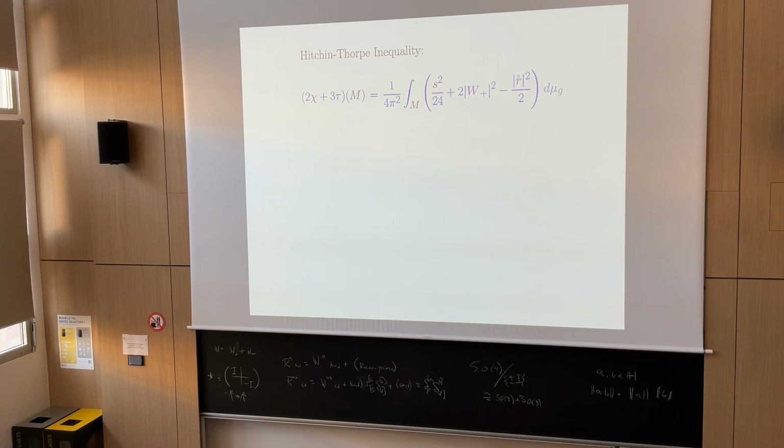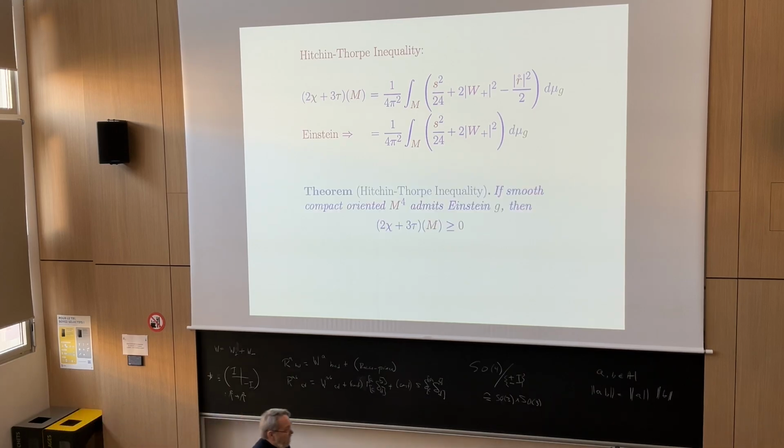Similarly, in dimension 4, take any metric on your oriented compact four-manifold, when you integrate this combination of curvatures, you'll get twice the Euler characteristic plus 3 times the signature. But if the metric happens to be Einstein, what happens? Well, the integrand is pointwise non-negative, and in particular, the integral has to be greater than or equal to 0.